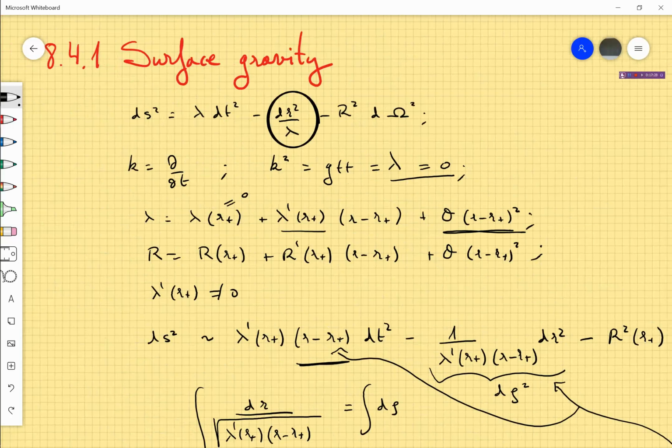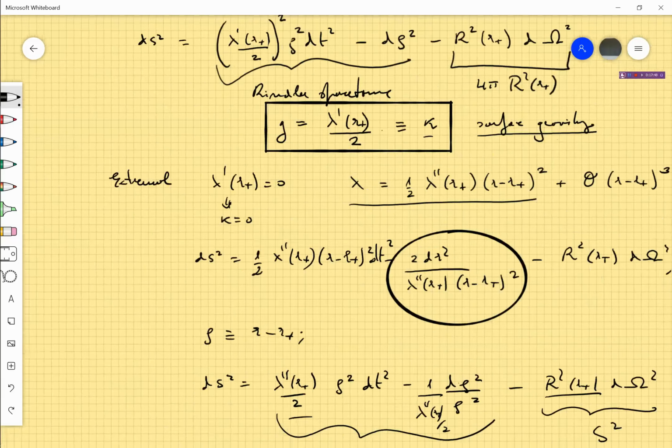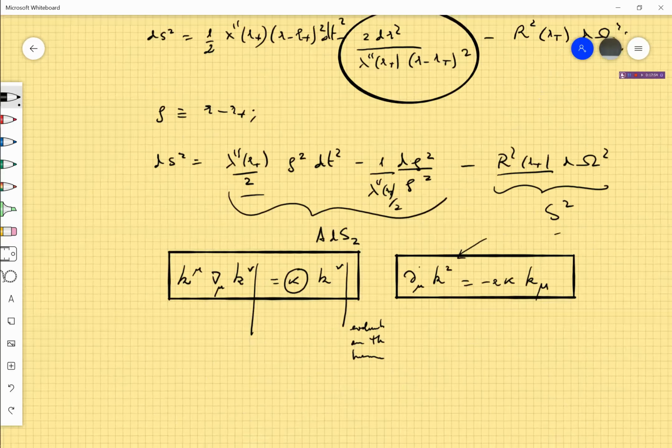It's just that this singularity will be a coordinate singularity as long as this is finite, as we have discussed. But clearly the coordinates are not good there. They are singular, so you have to go to Eddington-Finkelstein-like coordinates or to Kruskal coordinates.